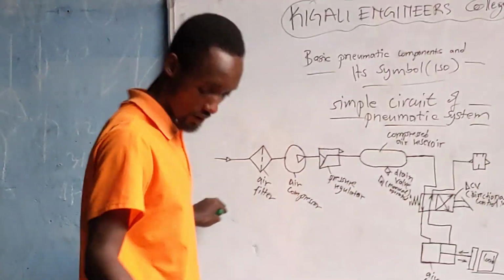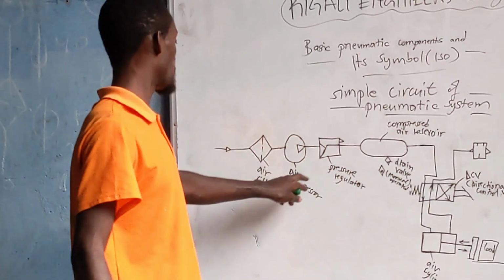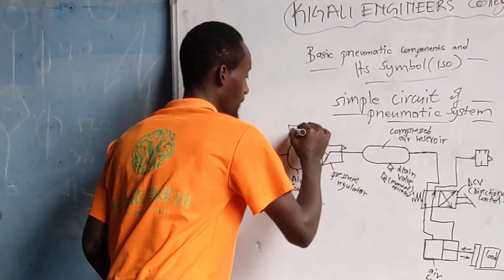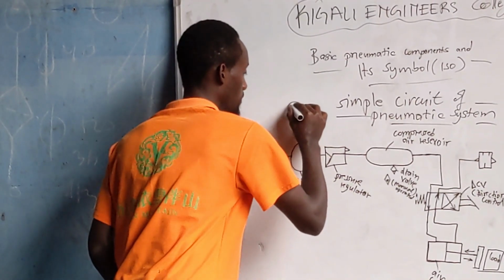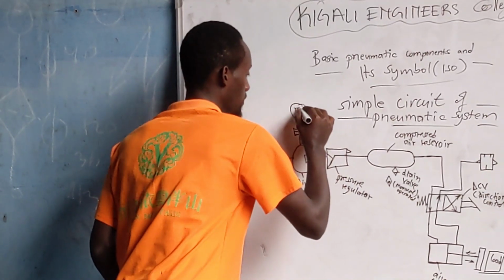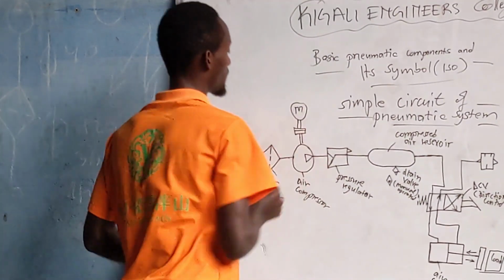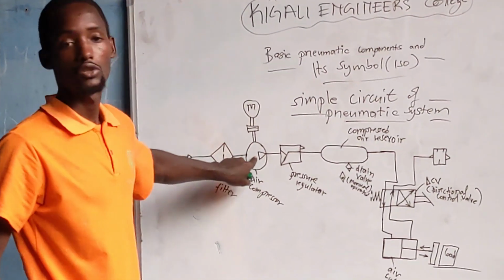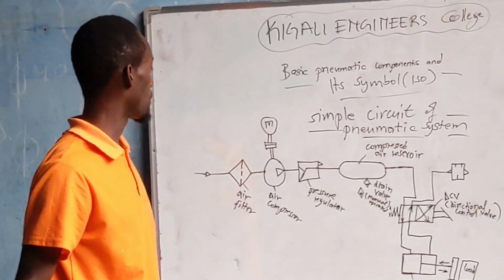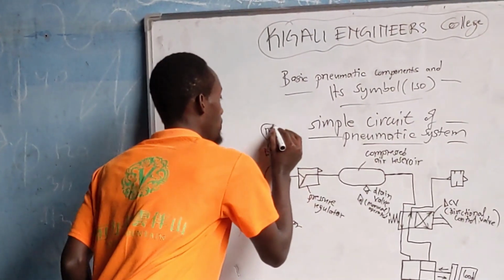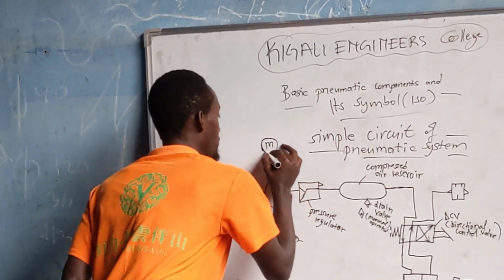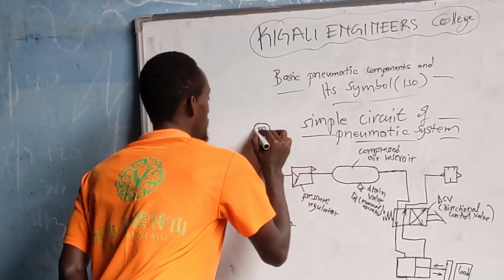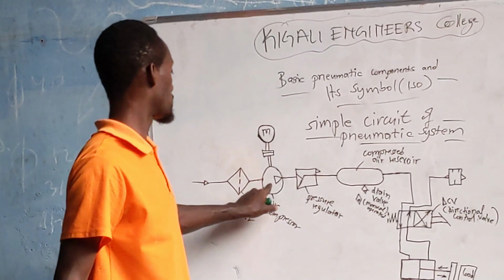How does this system work? There is also a prime mover. It is the electric motor that provides the primary movement to the air compressor in order to take the air from the atmosphere and push it into the system.